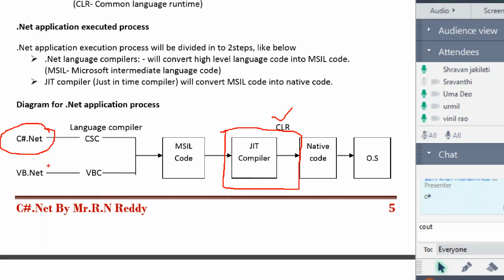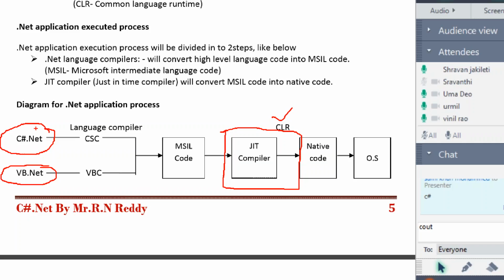But whenever you write a program, you will use any one of the .NET languages. I'm using C#.NET, you are using VB.NET. But all these .NET language codes will be in English. Not only .NET languages, any programming language code, programmers will write in English, which is a human-understandable language.